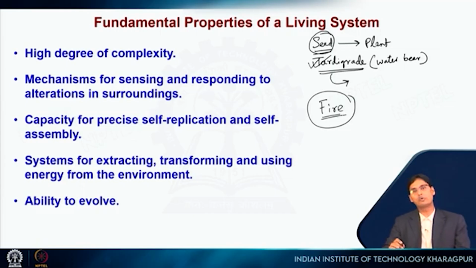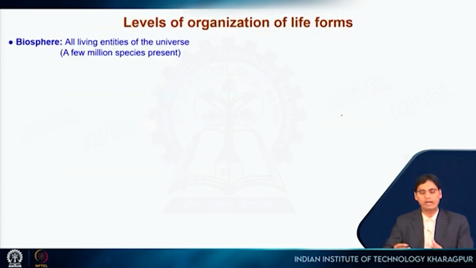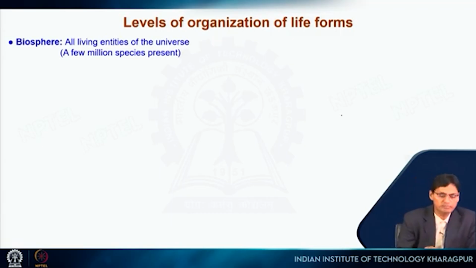Now, I will go into the next part: the levels of organization of life forms. I understand that there are several types of living units present on Earth, but we would like to summarize them in terms of their organization. If I start from the very beginning, I would say, for example, biosphere.